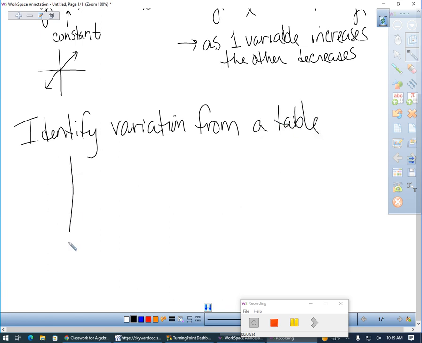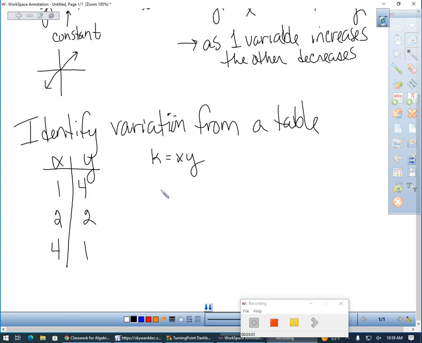In a table, if I have my x and y values, let's say we have x is 1 when y is 4, x is 2 when y is 2, and x is 4 when y is 1. To determine if it's an inverse variation, we're going to look for the k value. To find k, remember we said it's x times y. So we're going to start right here and see if they're all the same.